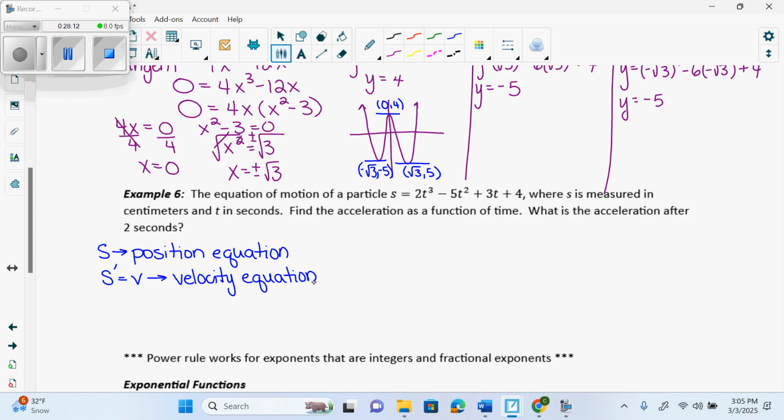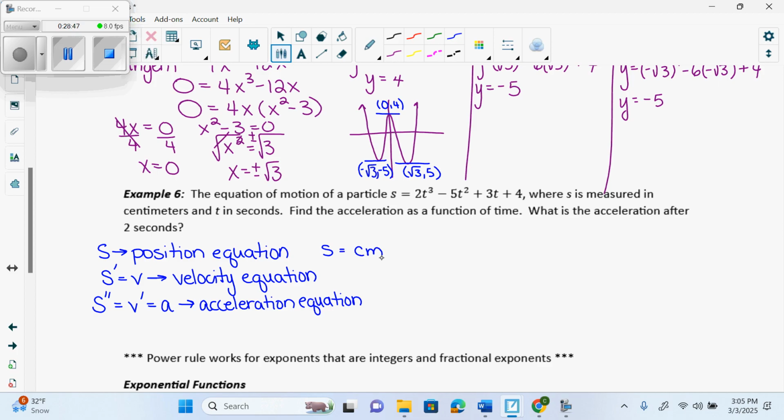And S double prime, which is equal to V prime, equals A, which is the acceleration equation. It makes sense because of the units of measurement. If S is in centimeters and t is in seconds, S is in centimeters. It's the position equation, correct?